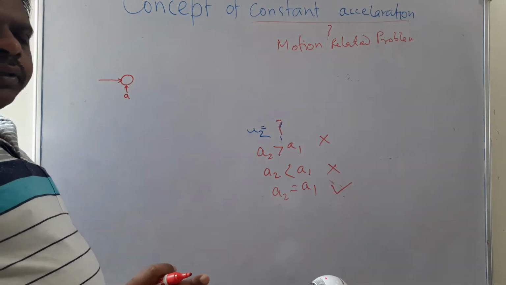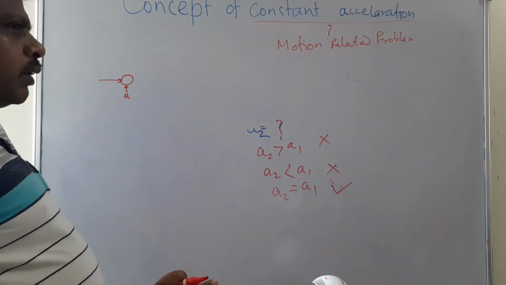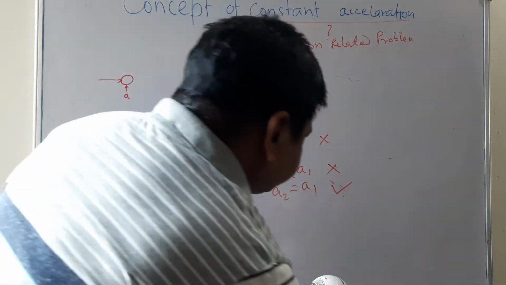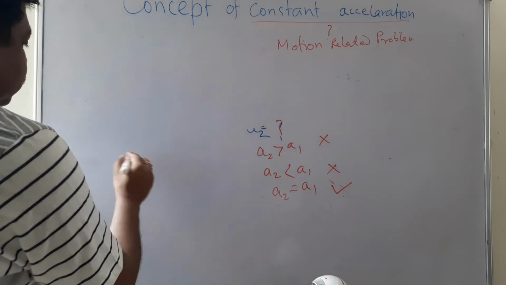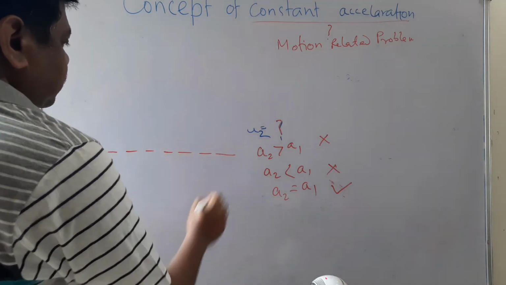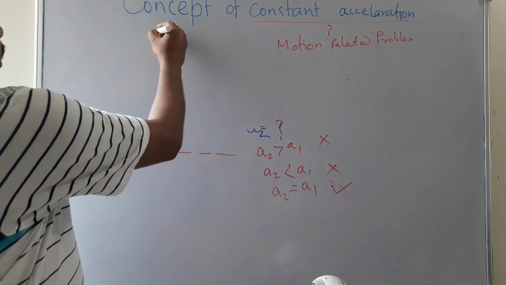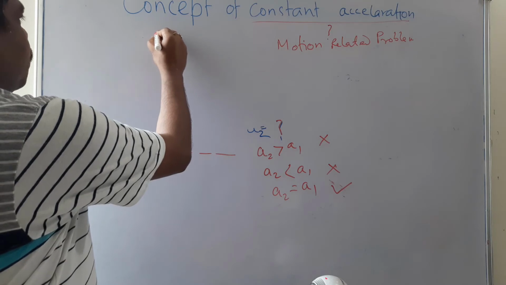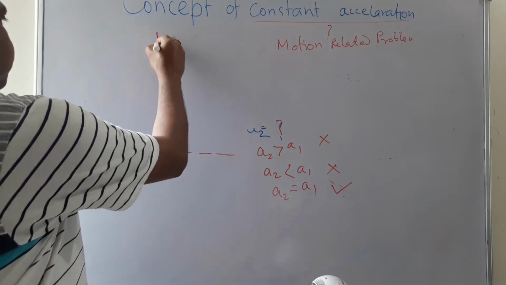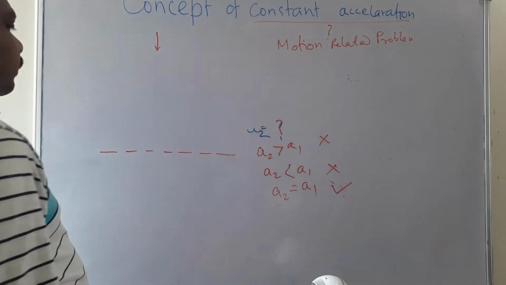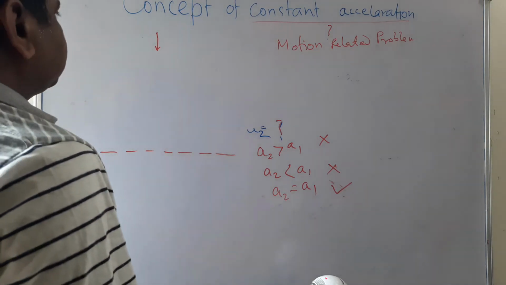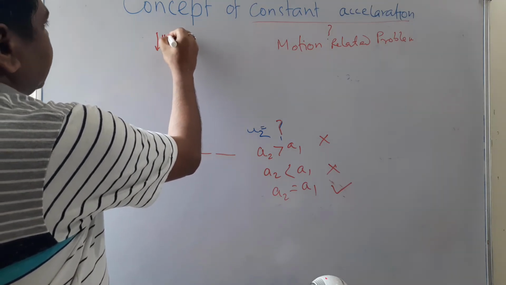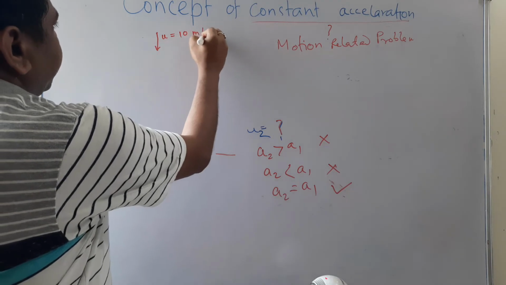Did you get it? Can you give one example where acceleration is constant? Now let's say this is your earth and you throw a ball downward with initial velocity u equal to 10 meter per second.